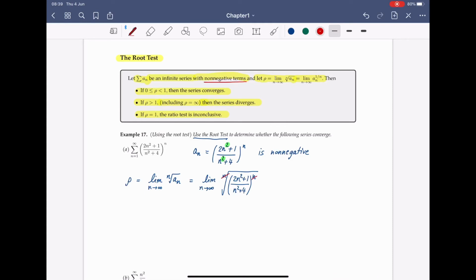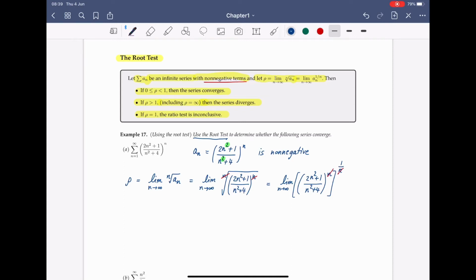If you have a hard time thinking about it, you can say this is the limit of ((2n squared plus 1) over (n squared plus 4)) to the n power, and then the nth root is just raised to the 1 over n again. This is the same thing, but I just switched the notation to make it cleaner for you. So you can see that the n and n here cancel.